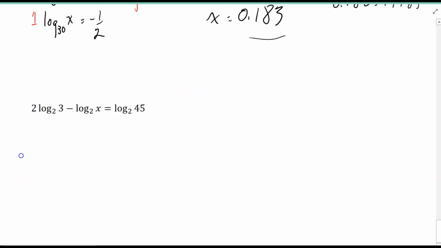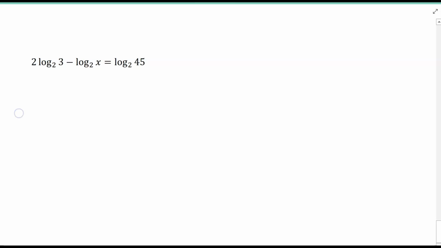All right, one last one here. We are solving for this x way in here. It's in the argument. So as you can see, we should isolate this whole term first. Then we will be able to switch to exponential form to solve for the argument. So this is a plus.